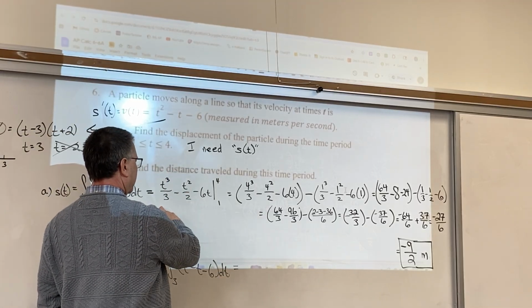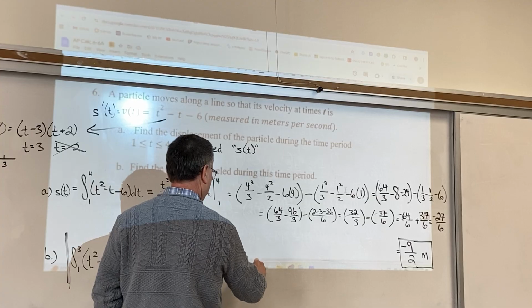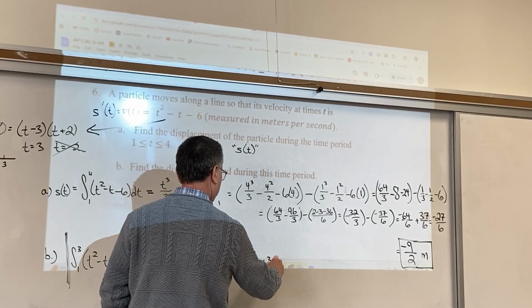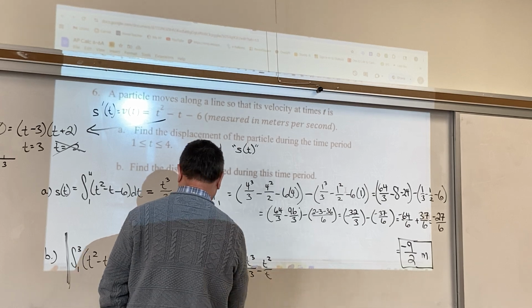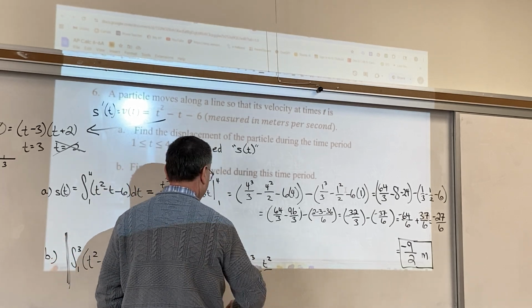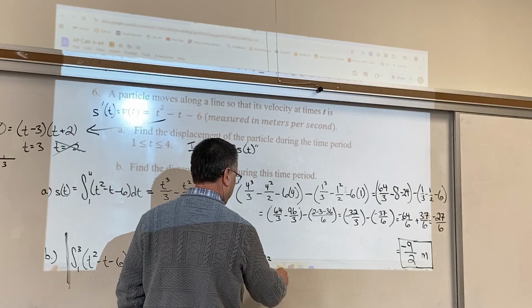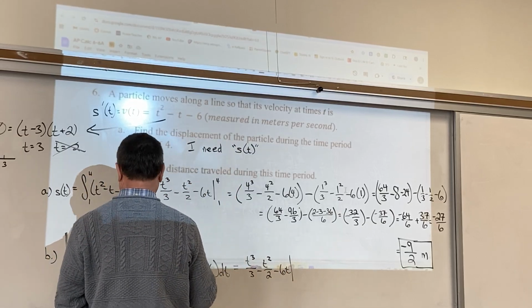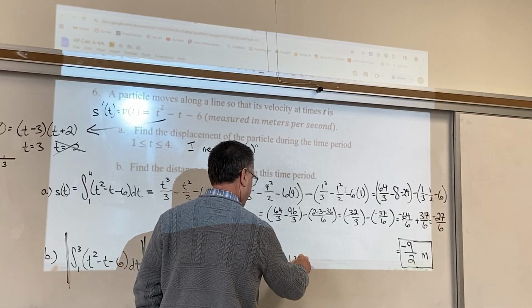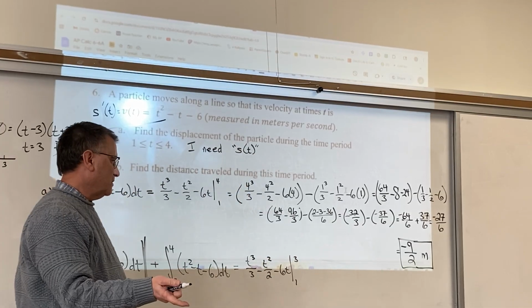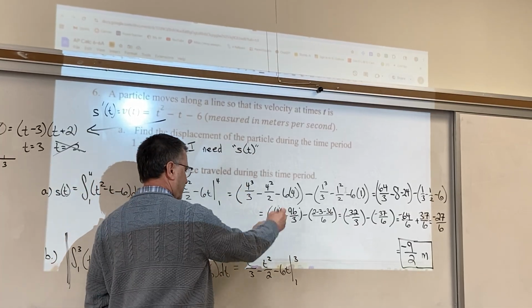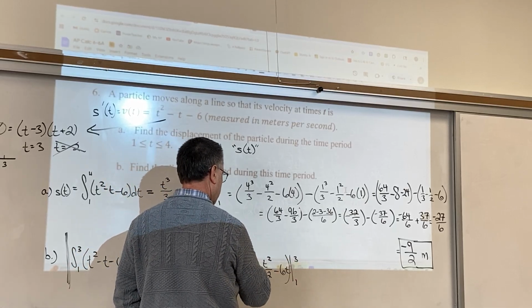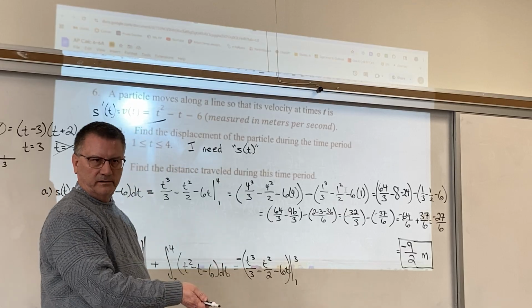Here's what I got, I'll just write it down. T cubed over 3 minus t squared over 2 minus 6t. This one, we're gonna need to take from 1 to 3. And you said absolute value it. Let's just do the opposite sign of whatever I'm about to get.